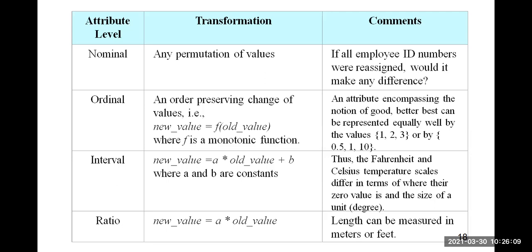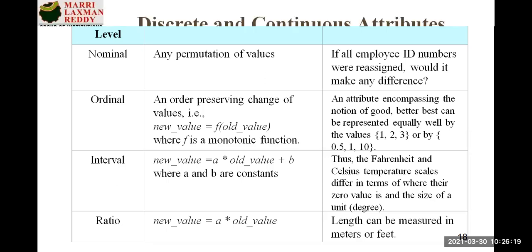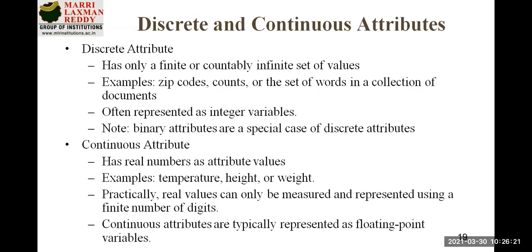Depending on the employee ID only, they calculate the biometric attendance and all these things, and pay the salaries. So discrete and continuous attributes, I have given the differences between these two. Discrete values are finite. Continuous values are not finite. They will only have some limitations.